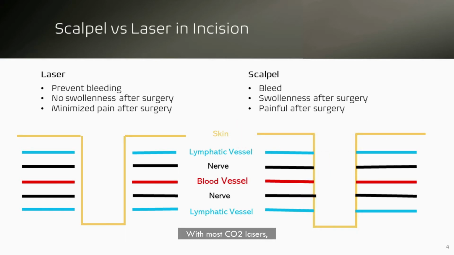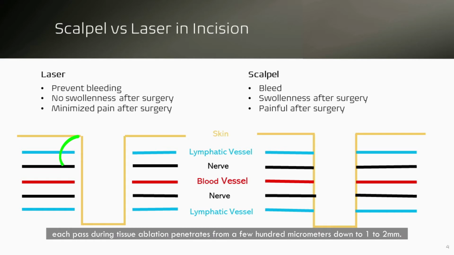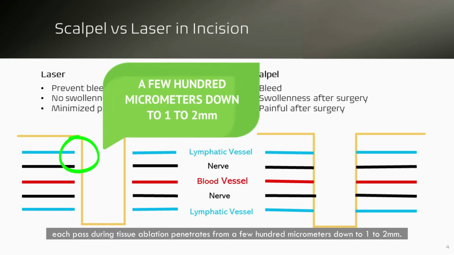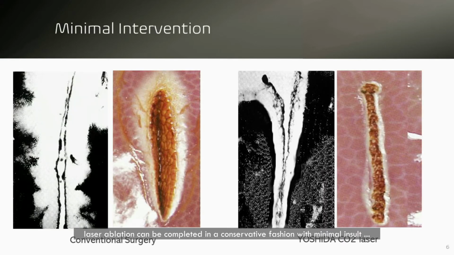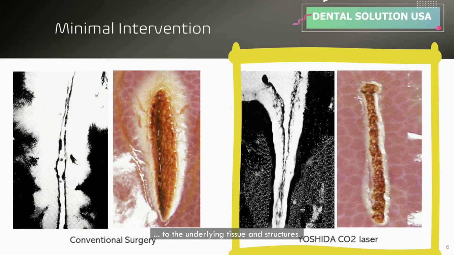With most short lasers, each pass during tissue ablation penetrates from a few hundred micrometers down to 1 to 2 millimeters. By selectively removing each cellular layer, laser ablations can be completed in a conservative fashion with a minimal insult to the underlying tissues and structures.